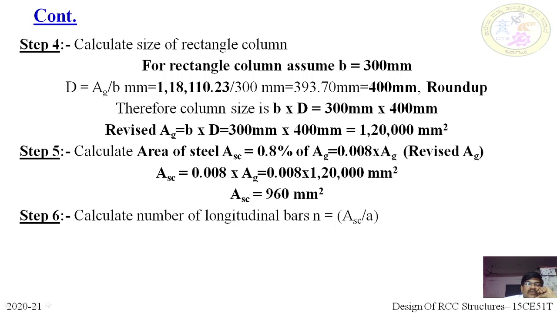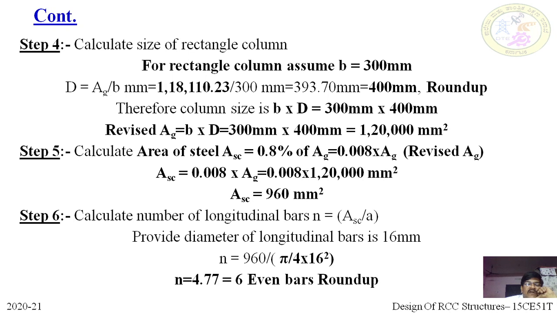Therefore, calculate the number of bars N equal to Asc by A. Provide the diameter of longitudinal bars as 16. So N equal to 960 by pi by 4 into 16 square, that is N equal to 4.77. It is not possible to provide 5 bars, an odd number of bars, in a column. So 6 bars we should provide.